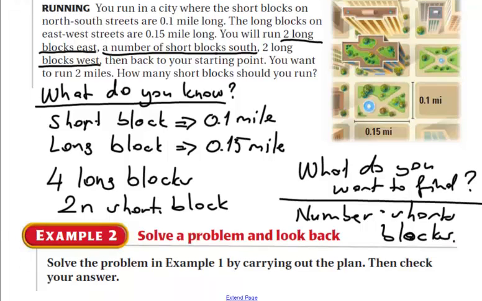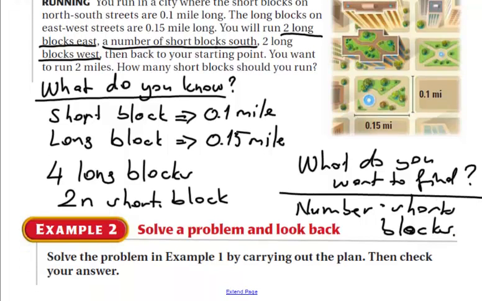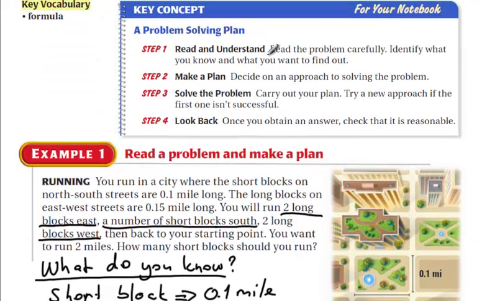So we're done with the first step. What was the first step again? Let's go back and check. Read the problem carefully, identify what you know, what you want to find out. So we are done with the first step. Now, second step, make a plan. Decide on an approach to solving the problem.